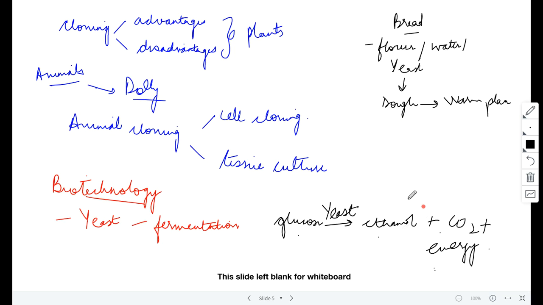The ethanol gets evaporated, okay? And whatever carbon dioxide is there also helps the bread to rise up. You understood? So now, if I ask you, name the gas that makes dough rise, can you tell me?